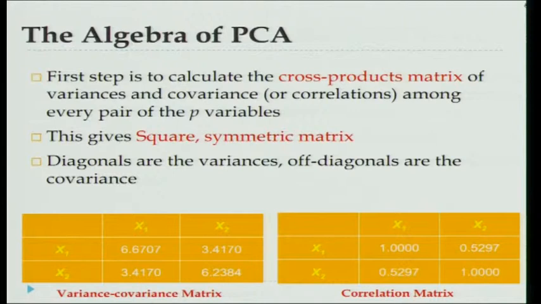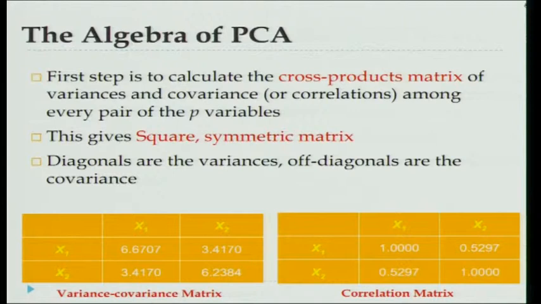First you obtain the cross product of the matrix of variance and covariance. If you have the cross product, what happens? The diagonal elements will always be the variance, and the off-diagonal elements give you the covariance between x1 and x2, the covariance between x2 and x1, and so on, right?